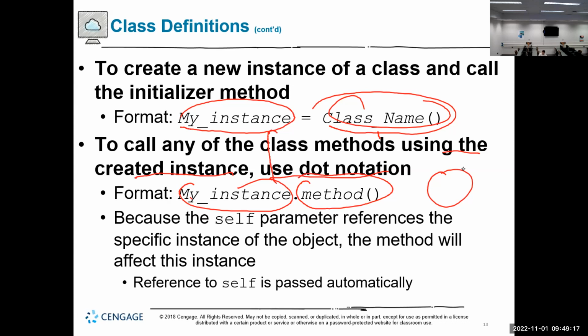So you have the init method, the toss method, and the get_side_up method also. Remember that the reference to self is passed automatically. Whenever you generate an instance, it is passed automatically to the instance you are working with.